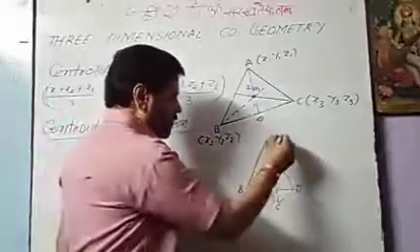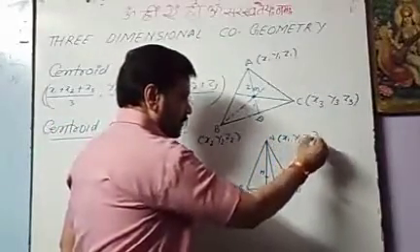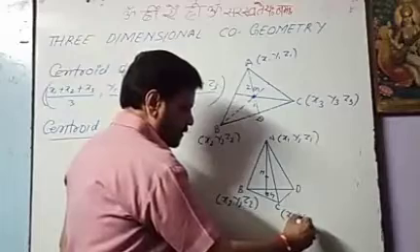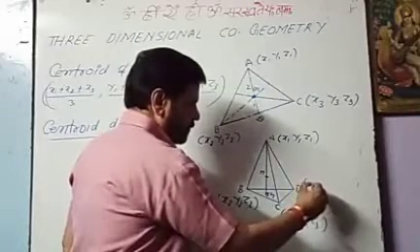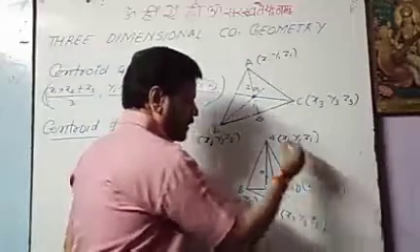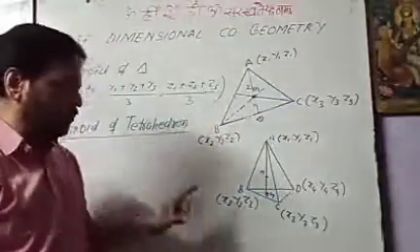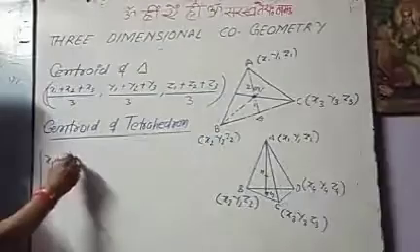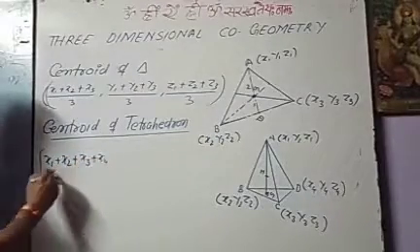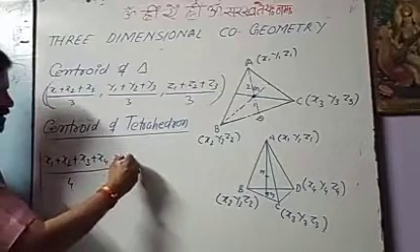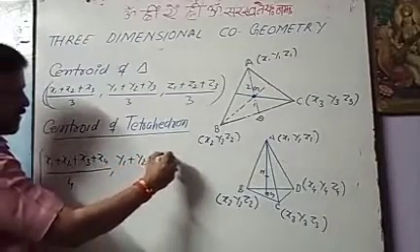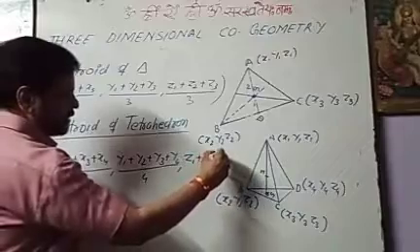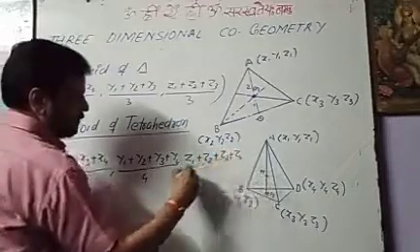So if x1, y1, z1, x2, y2, z2, x3, y3, z3, and x4, y4, z4 are the vertices of the tetrahedron, then the coordinates of the centroid of the tetrahedron are x1 plus x2 plus x3 plus x4 upon 4, y1 plus y2 plus y3 plus y4 upon 4, and z1 plus z2 plus z3 plus z4 upon 4.